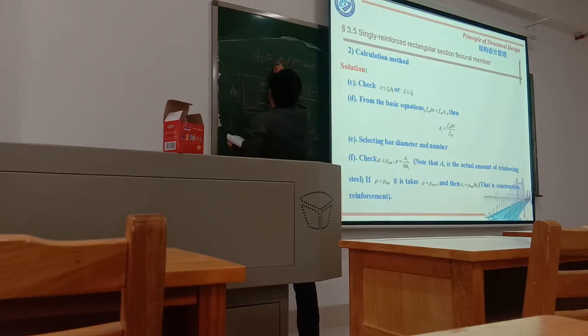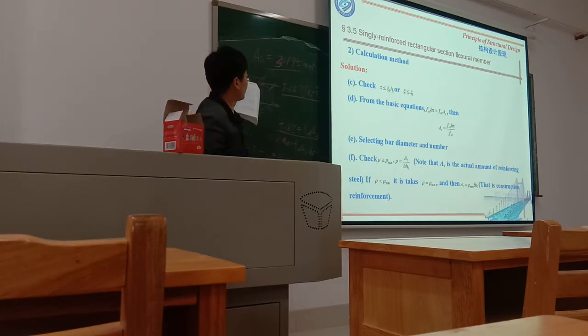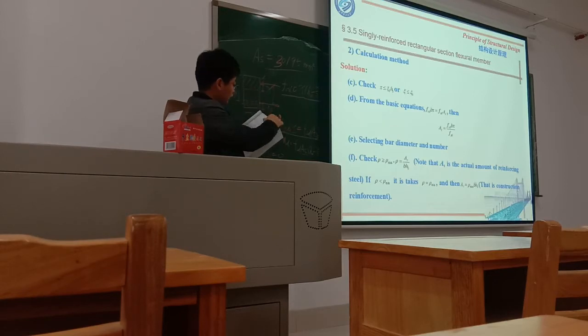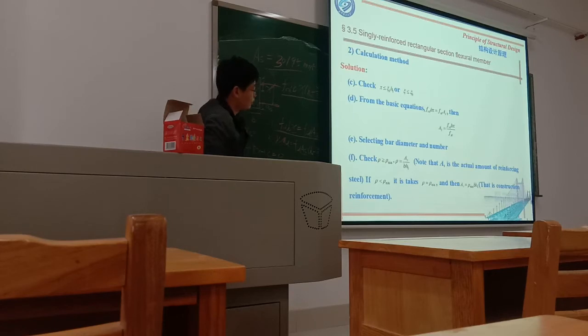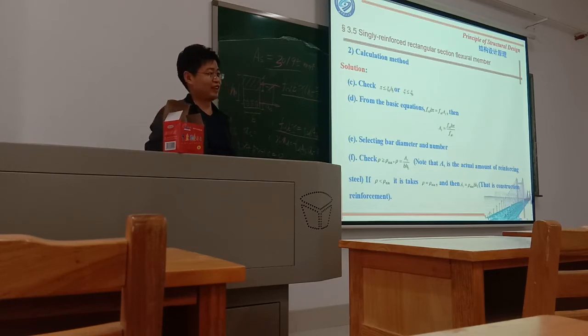The AS is 30195. You just use this table to design this: what type of diameter we use and how many. Everyone can check this table and do this design. Everyone has a different choice.